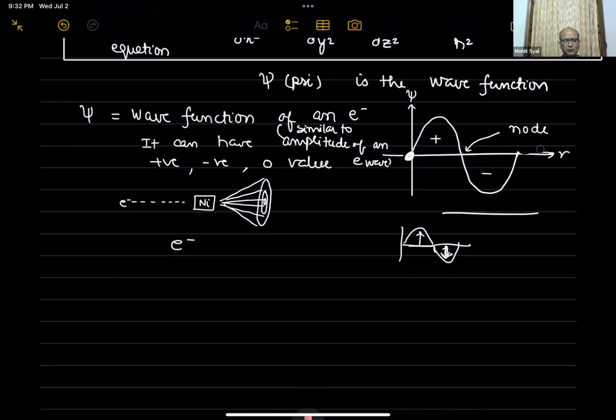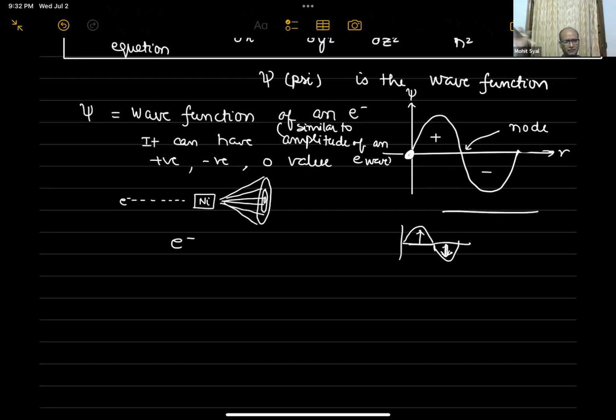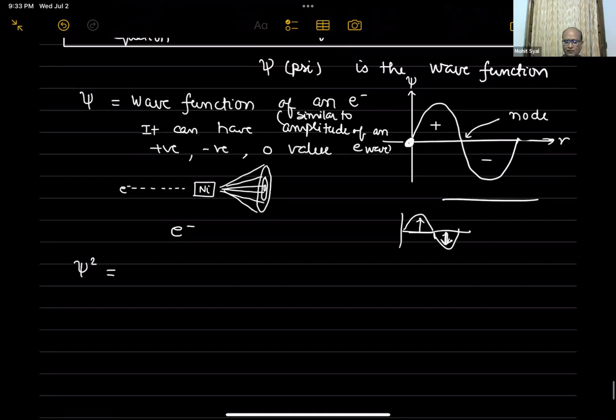It is just like you throw a stone in water, waves are being generated, right? And those waves, what happens? They don't continue up to a very far distance, they just subside after a certain point, just like that. Then you have psi square. So you have a plot of psi square also.